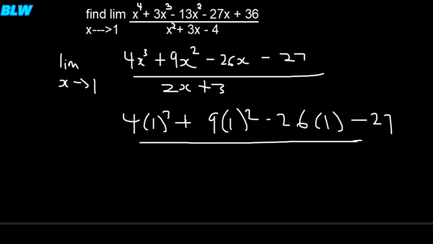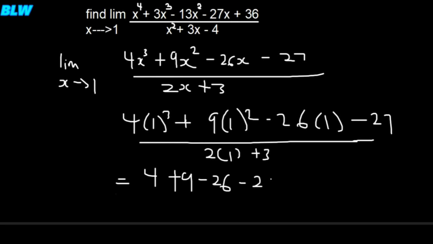This one is also here. So all over 2 into brackets 1 plus 3. So this will now give me 4 plus 9 minus 26 minus 27 all over 5.